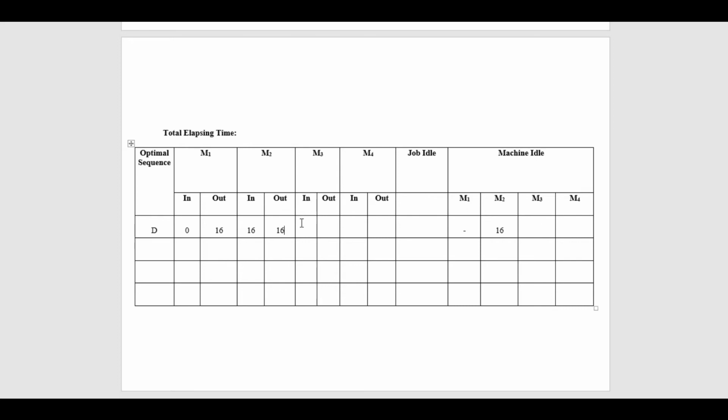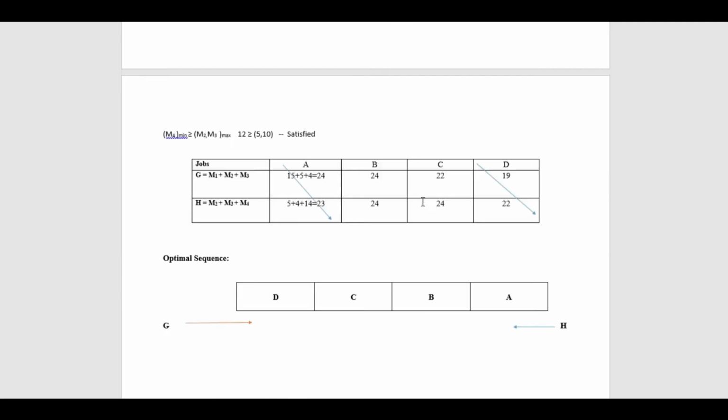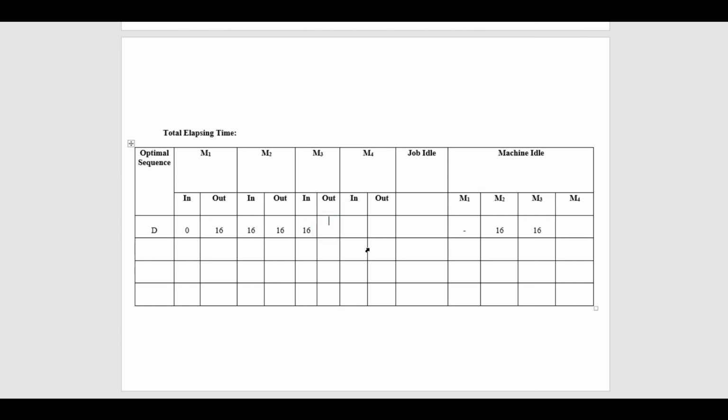The job in time into machine 3 will be the same 16. Machine 3 also should be idle for 16 minutes to receive the job. The processing time in machine 3 for job D will be 3 minutes, so the out time will be 19.